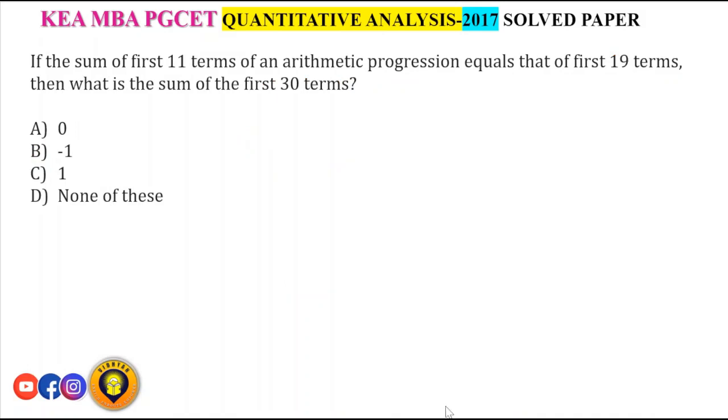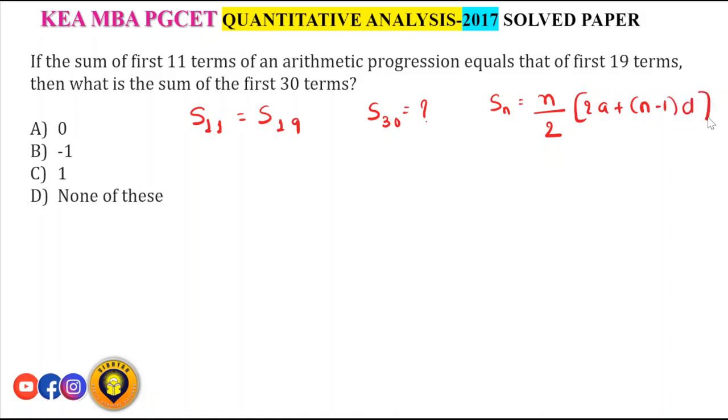If the sum of first 11 terms of an arithmetic progression equals that of first 19 terms, then what is the sum of the first 30 terms? Sum of first 11 terms, that is S11, is equal to S19. Then what is the value of S30? You have to find. Sn is equal to n by 2 into 2a plus n minus 1 into d.